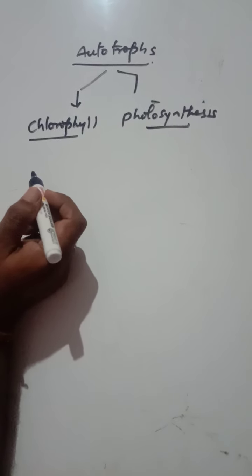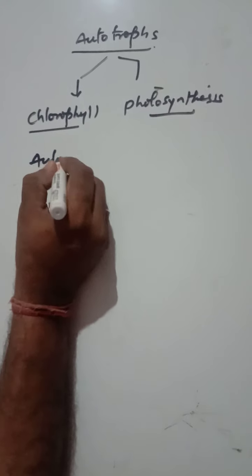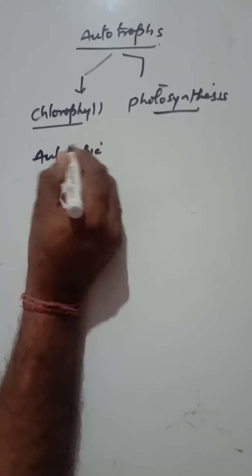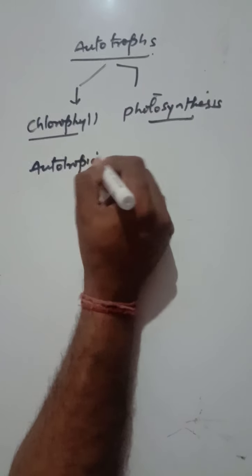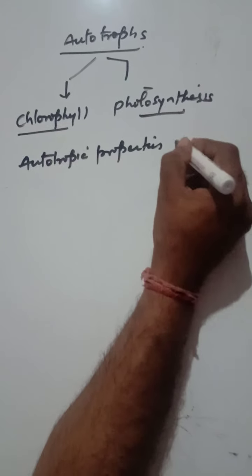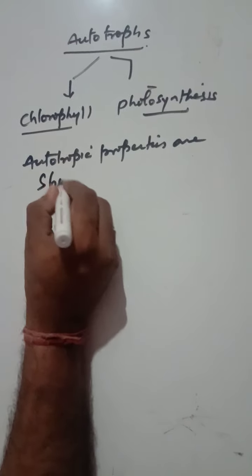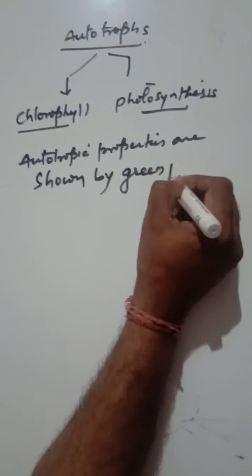So here autotrophs are green plants. Autotrophic properties of self-manufacturing of food are shown by green plants.